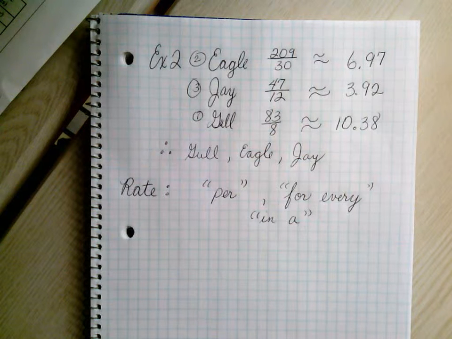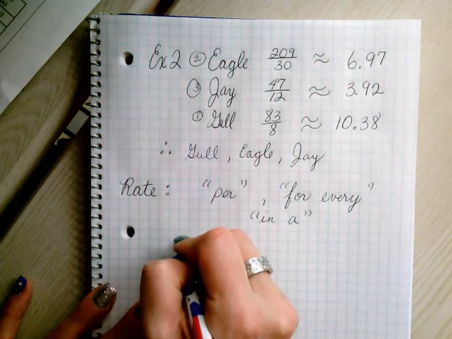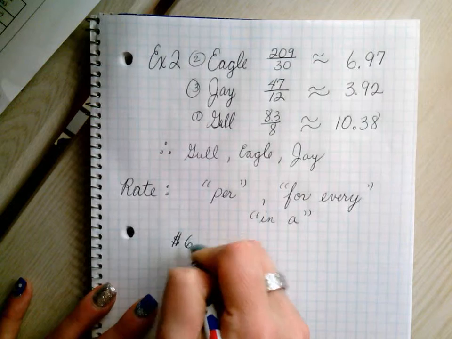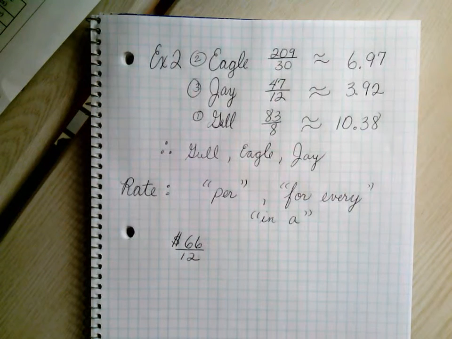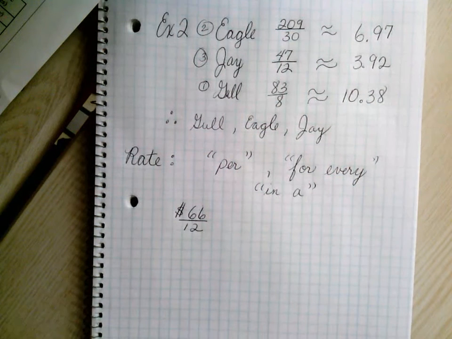All right. So you're hosting a party for 12 people. The total cost is $66. What is the cost per person? So to solve this, I know that it's $66 for 12 people, right? But how do I find out what it costs per person? What do you think you're going to do? Divide it by 12.